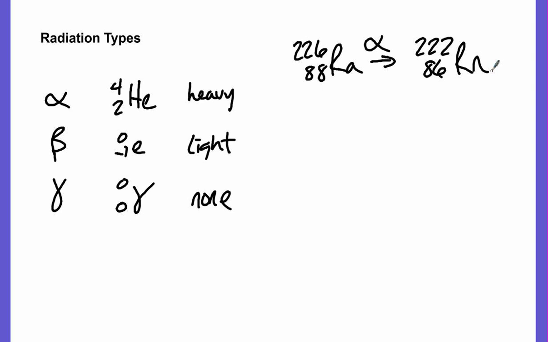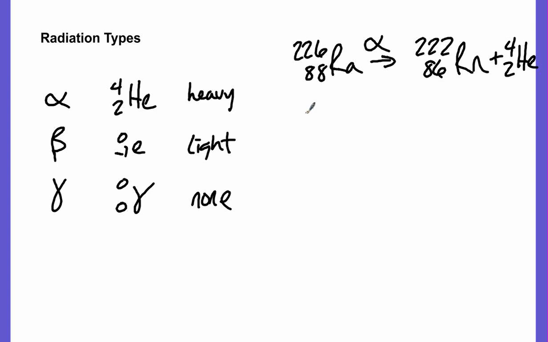You removed a particle in the process. A lot of times we actually write the particle on the right side as well, so I have this helium atom that's emitted in the process. If you take the 222 plus 4, you get 226. If you take the 86 plus 2, you get 88. So it should kind of make sense. It's simple, easy, whole number math.